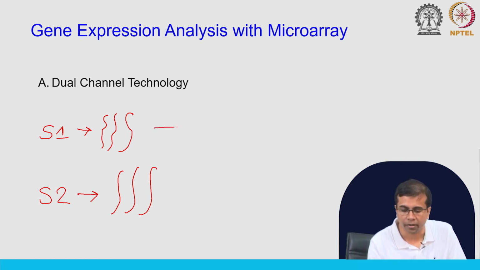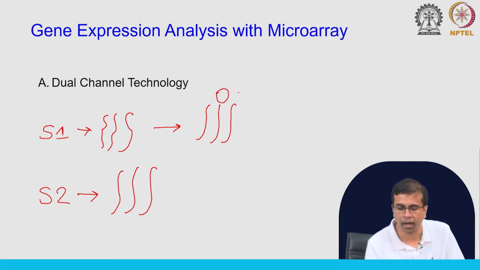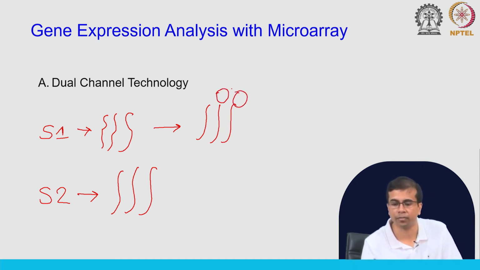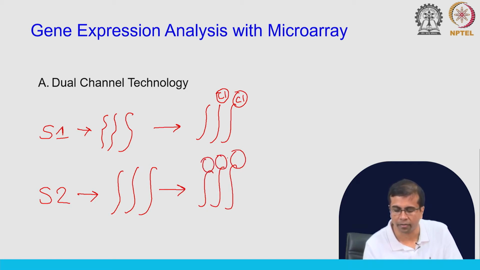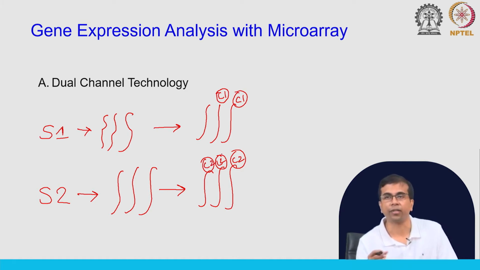Once they are converted to cDNA, this one will get one type of tag, of one color, let us say color 1, and the second sample will get a tag of a different color, let us call it C2. This is usually red-green coloration. C1 is usually red, C2 is green.